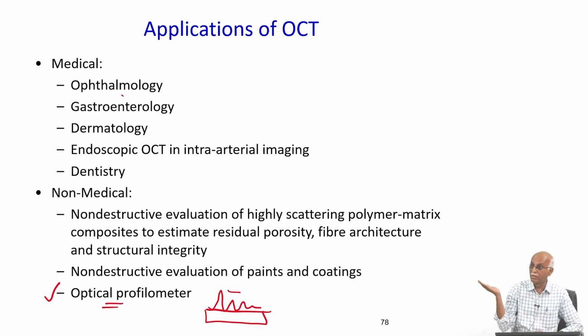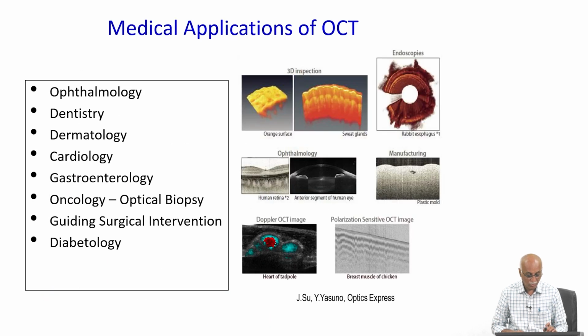Any eye clinic, if you go, they have imaging, because it can easily observe retina tissues, and it can resolve the thickness layers to a few microns level. So, that is ophthalmology, gastroenterology, dermatology, endoscopic OCT, dentistry, etc. It is being used.